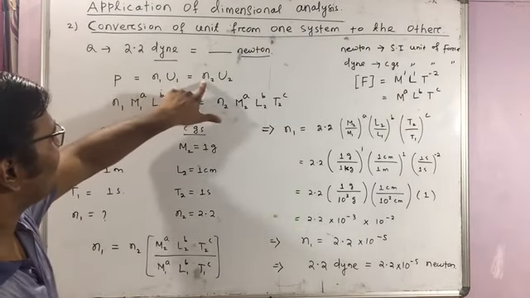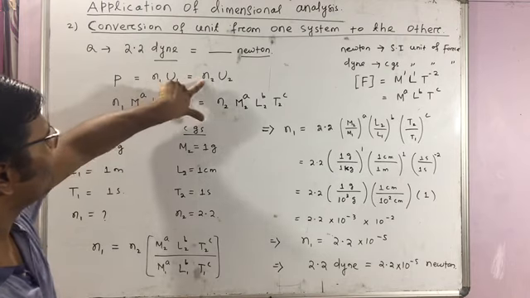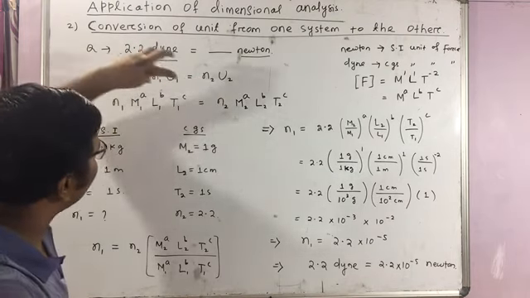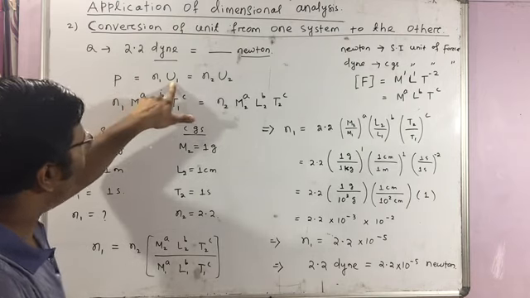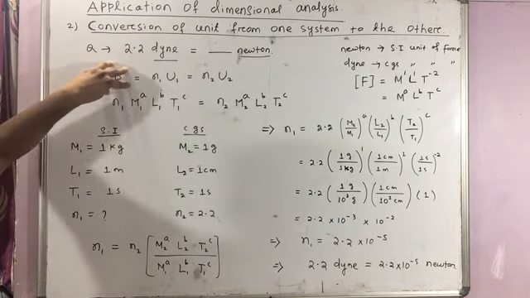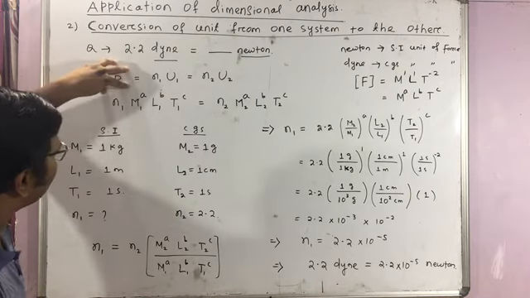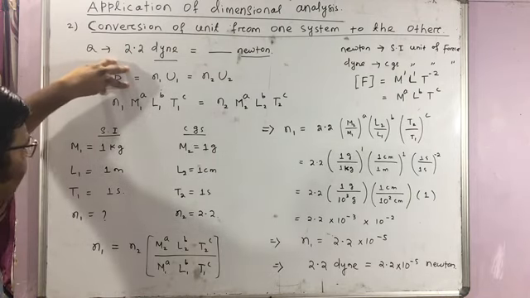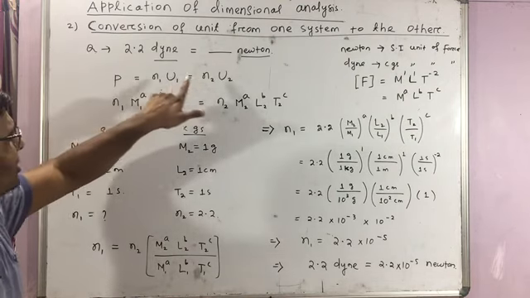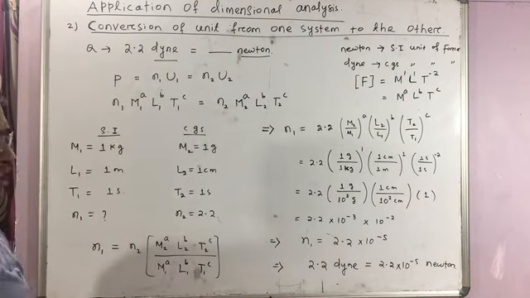Only the numerical value will change, n1 converted to n2, and the base unit will change. But the entire product n1 u1 must be equal to n2 u2, which will give you the value of your physical quantity. This value is not going to change. The numerical value will change and the unit of the quantity will change.